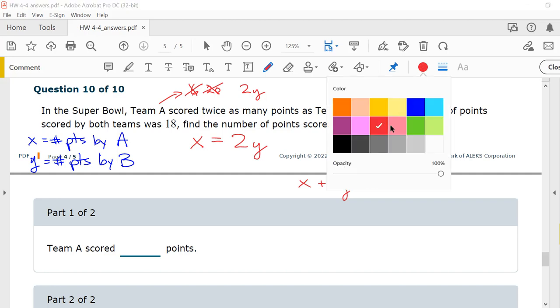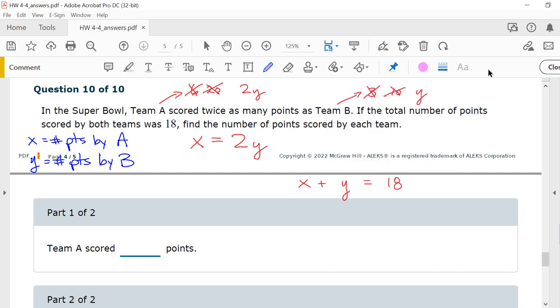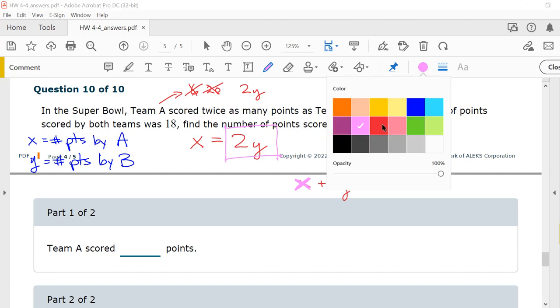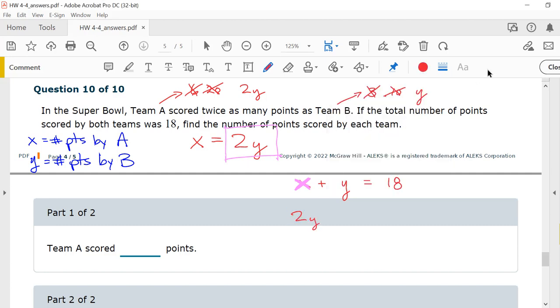All right, let's go do substitution on this one. I'm going to substitute 2Y in for X. So I get 2Y plus y equals 18. 2y plus y is 3y equals 18.